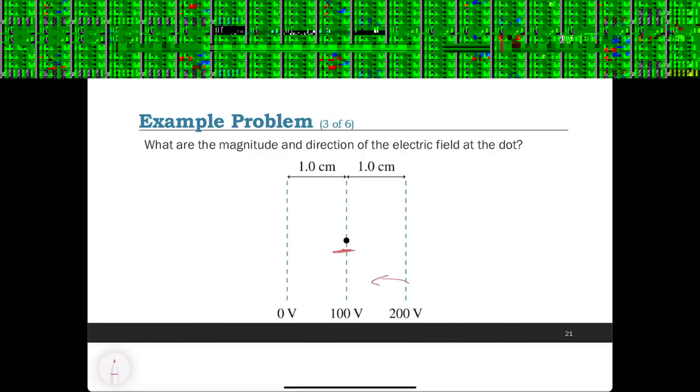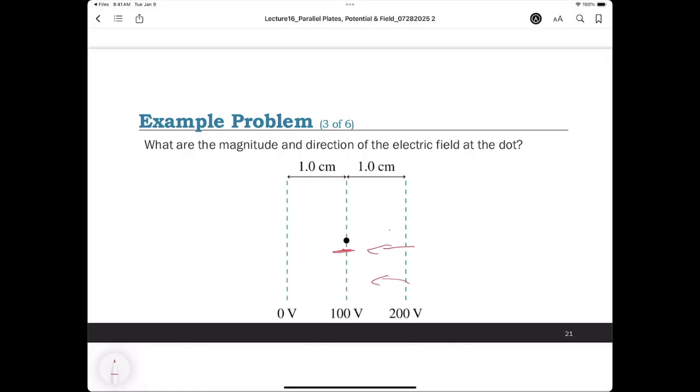So from high potential to low potential, the electric field points in that direction. The electric field should point from positive to negative. We have already talked about that. So the direction is to the left.